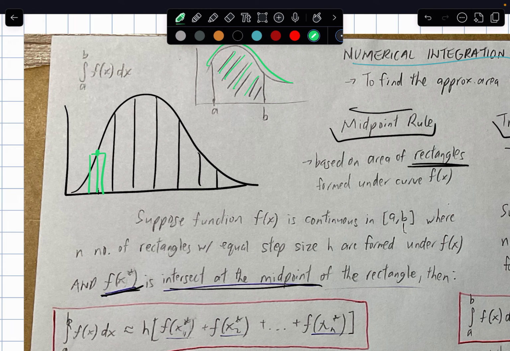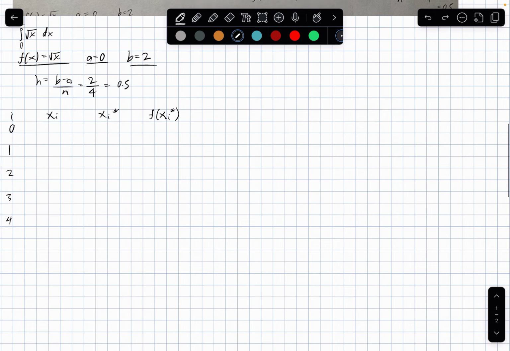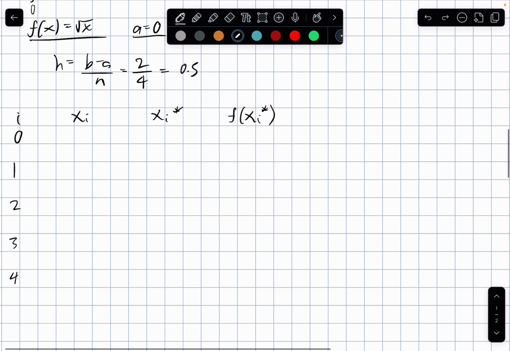So this is a midpoint. This one's a midpoint. Also this. This. Not too high. This. You notice that the rectangles don't cover everything. Okay, so that's basically the midpoint, the green dot earlier.